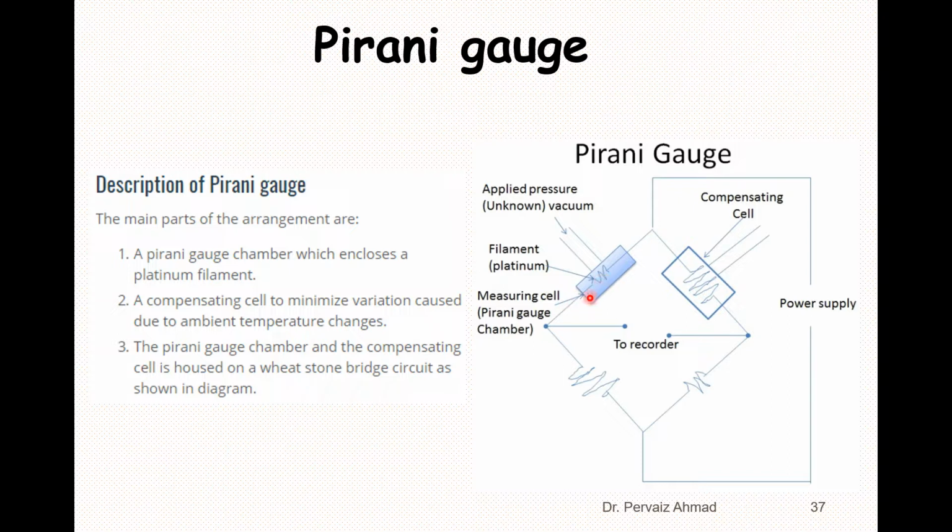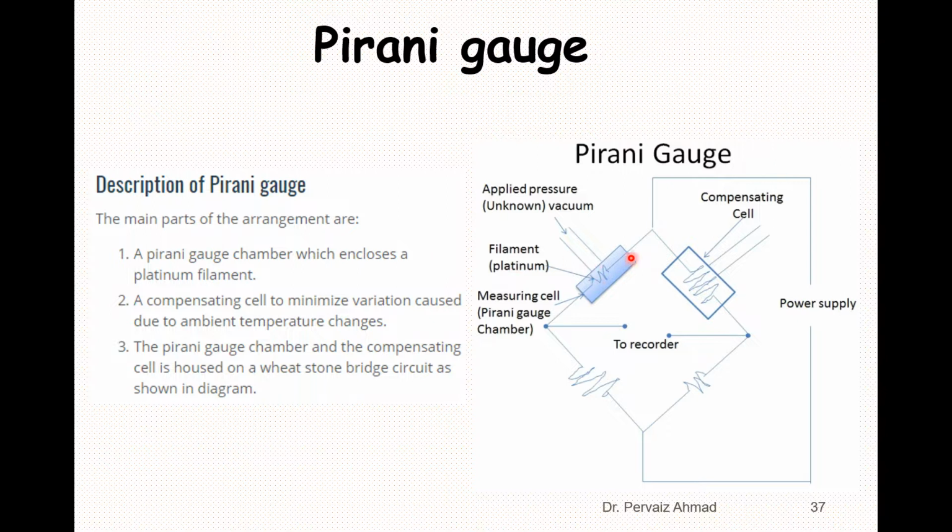So the main parts of the Pirani gauge: the first part is the chamber which includes a platinum filament. You can see it here.